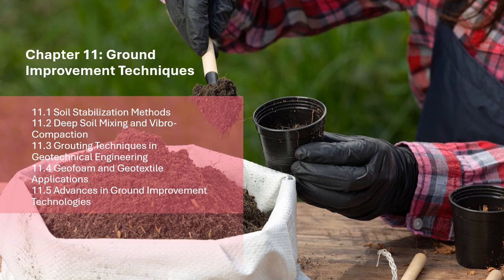1.3.1.1 Permeation grouting. Permeation grouting involves injecting grout into soil to fill the voids and permeate the pore spaces between the soil particles. The goal is to reduce the permeability of the soil or improve its strength and stability by filling the voids with a solidifying grout.